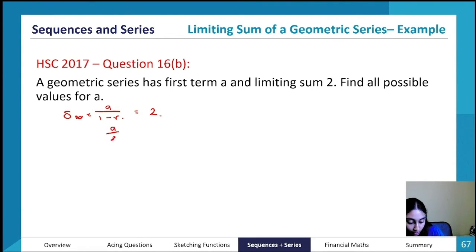So A on 2 is equal to 1 minus R. So R will be equal to 1 minus A on 2. But the absolute value of R is less than 1.